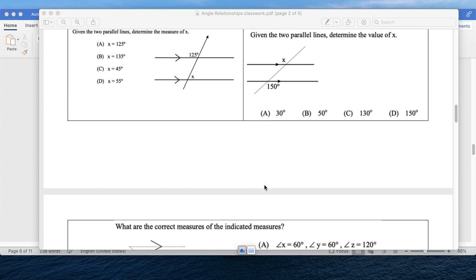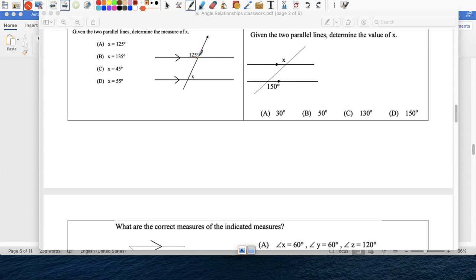Given two parallel lines, determine the value of X. Okay, so let me start filling this in. If this is 125, this is 125, which makes this angle here the supplement, right, which is 55. And if that's 55, this is 55.